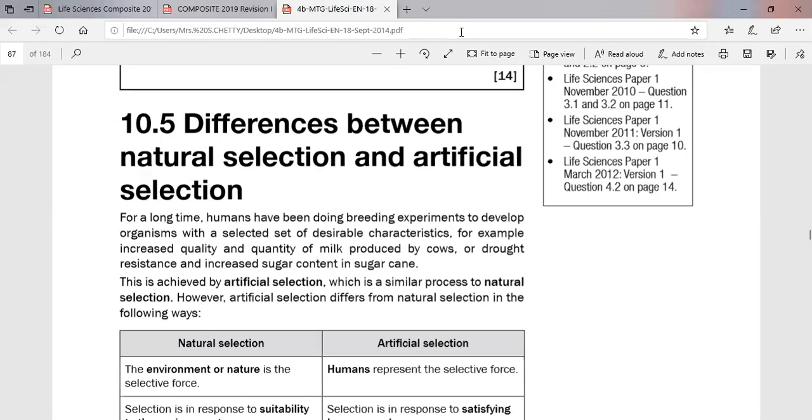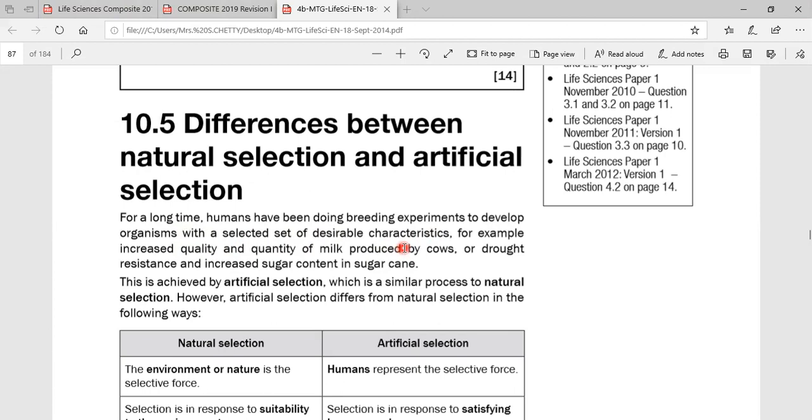These breeding experiments are done with a selected set of desirable characteristics, for example, increased quality and quantity of milk produced by cows. If there's a cow that produces good milk, and they know there's a bull whose mother and grandmother were good milk producers, they'll mate that cow with that bull.